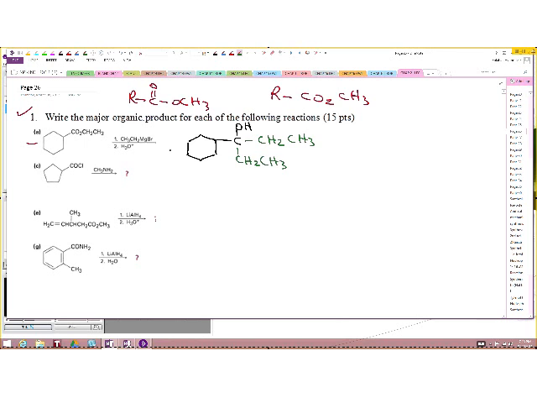Keep in mind when you react the Grignard with the ester, two alkyl groups from the Grignard will now be joined to the carbonyl carbon, and that is what you have here to form a tertiary alcohol. Because this part of the molecule here will be gone.